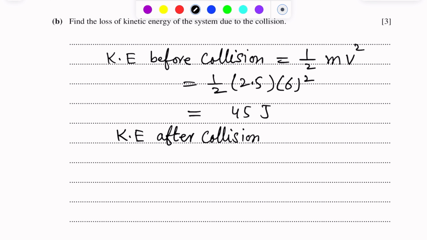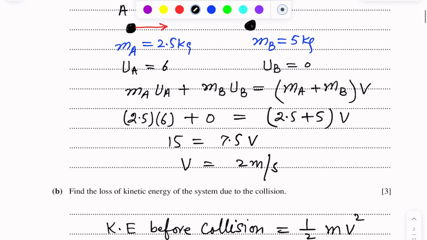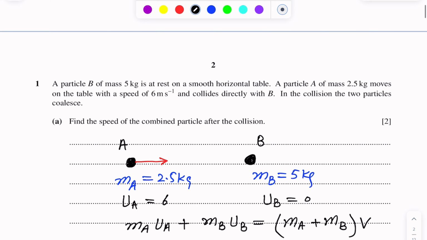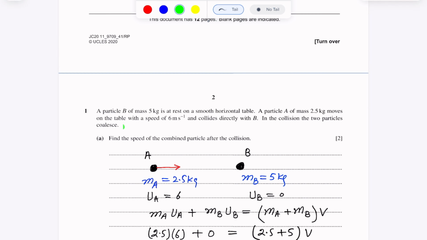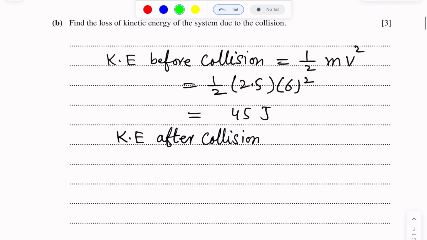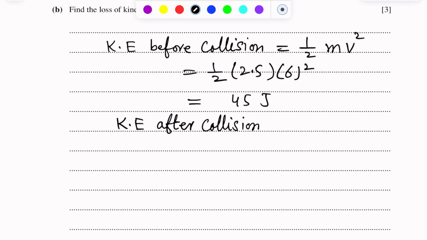After the collision, the two particles coalesce. So we will add up the masses of the two particles. So 1 over 2 (MA plus MB) into v square.